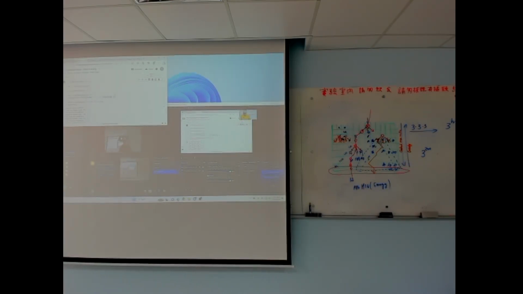image.shape[0], image.shape[1]. And I want to shrink it to 50%.